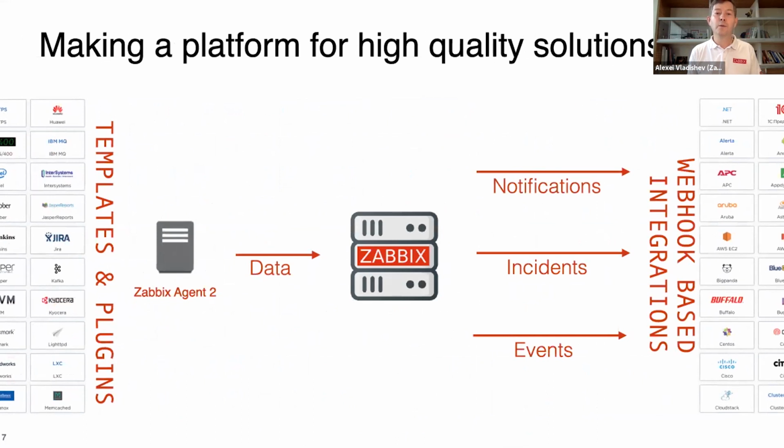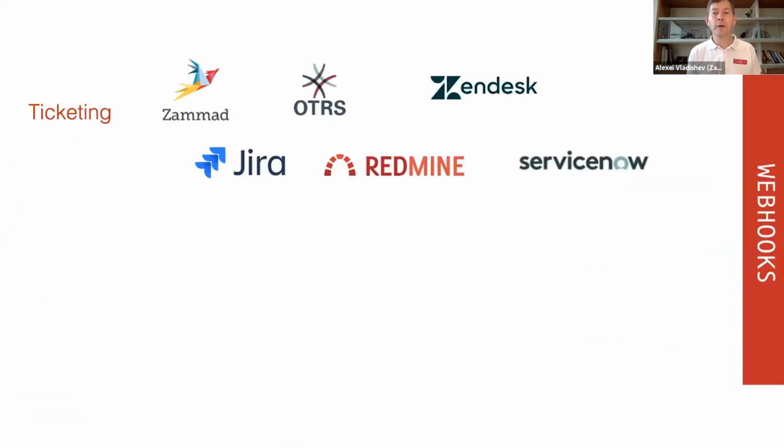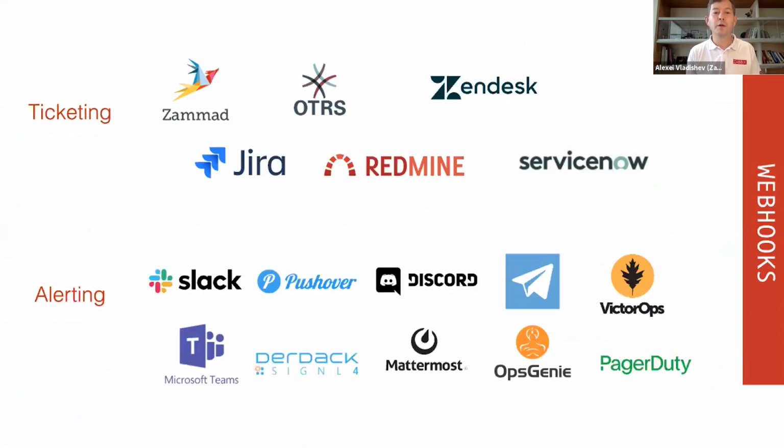That's why we pay so much attention to the data collection part of Zabbix, and also to the notification and alerting part of Zabbix. Support of webhooks allowed us out-of-the-box integration with numerous ticketing and ITSM systems. There are just a few examples like Jira, Redmine, OTRS, Zendesk, ServiceNow, and there are many more.